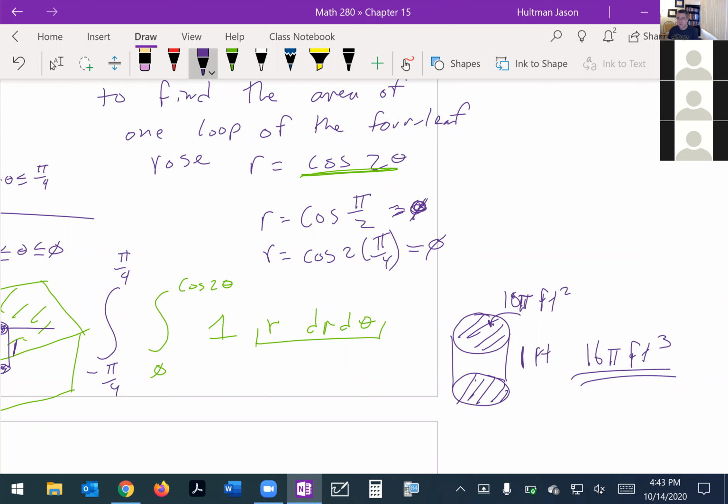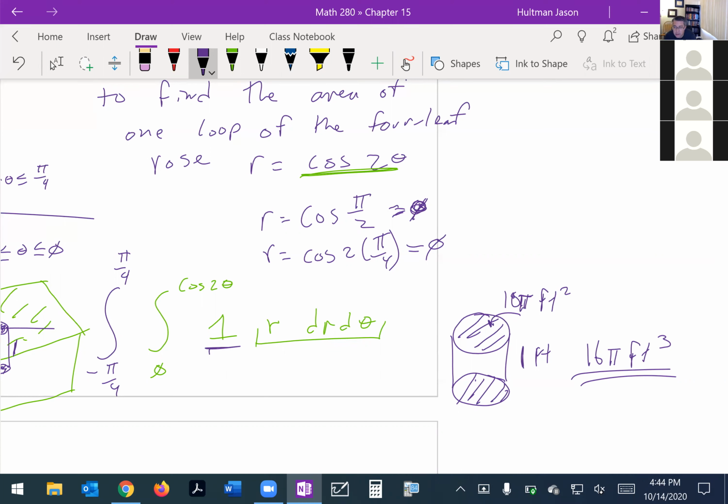Yeah, thank you. So we're adding that third dimension, but we're letting that third dimension be 1. Make sense? We're including the third dimension, and so we're just saying, look, I can find the area of this thing by doing a double integral and just letting the function be equal to 1.